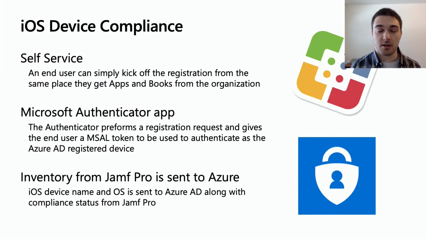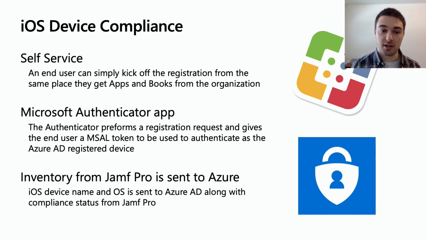So what this service allows is basically registration in a very simple, user-centered process through self-service. They can go and get that registration and that identity from the same place that the end user is getting their apps and books from their organization.